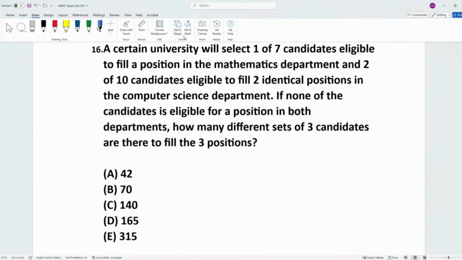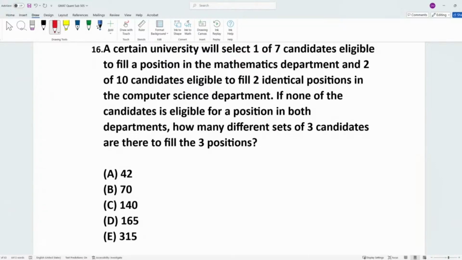So the question says, a certain university will select one of 7 candidates eligible to fill a position in the mathematics department and 2 of 20 candidates eligible to fill 2 identical positions in the computer science department. If none of the candidates is eligible for a position in both departments, how many different sets of 3 candidates are there to fill in 3 positions?